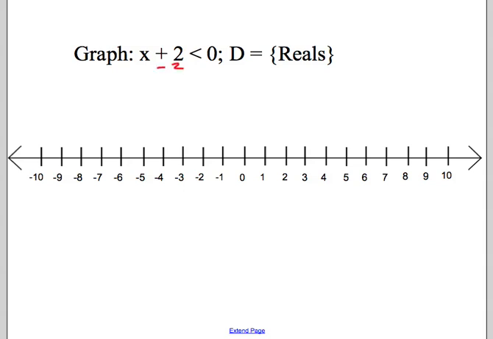So I'm going to still subtract 2. So I want to graph x is less than -2. And I don't do anything silly with the sign. I'm just rewriting it. So I want x is less than -2 for the real numbers, which means anything.